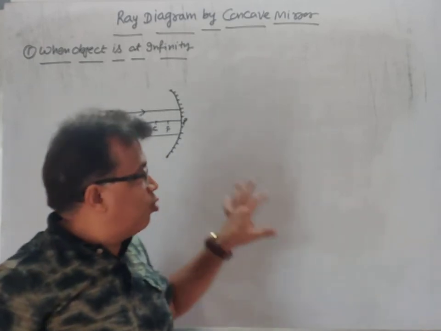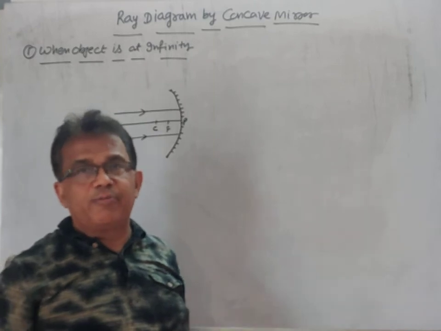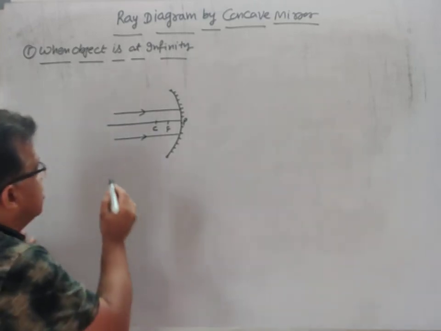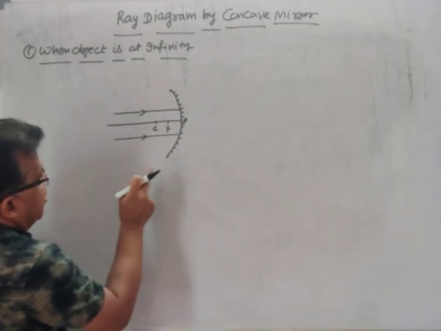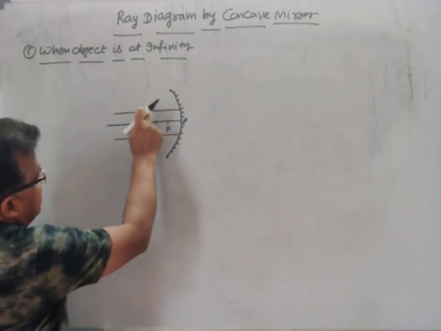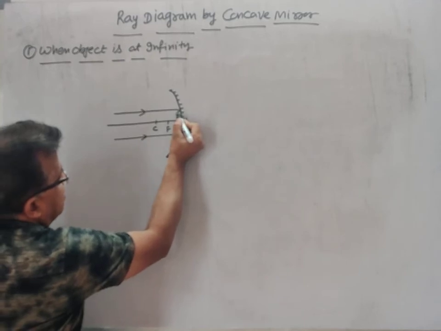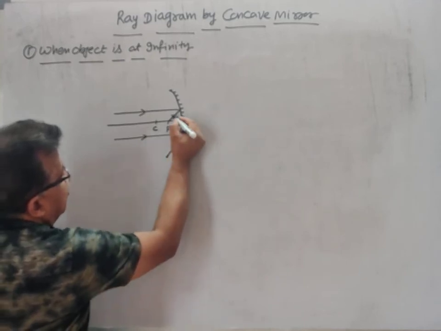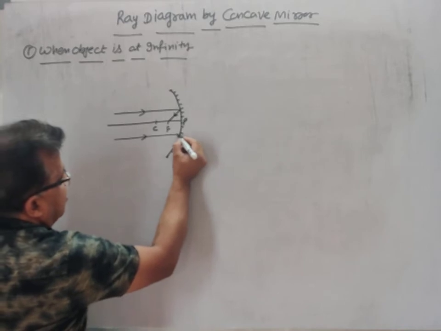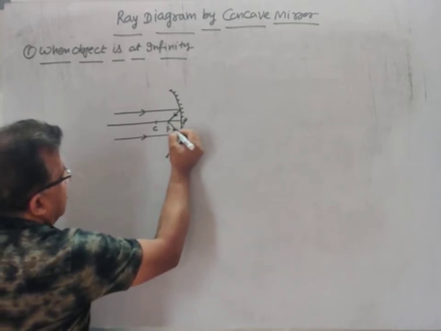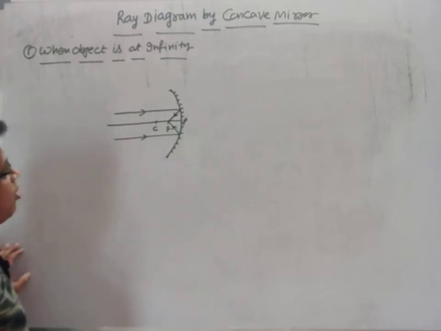But if we show more number of rays, everything will become crowded. So we shall show only 2 rays. So these are incident rays, and we know incident rays which are parallel to principal axis pass through principal focus after reflection.